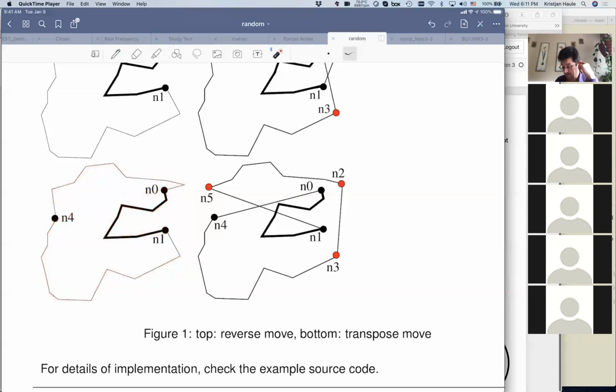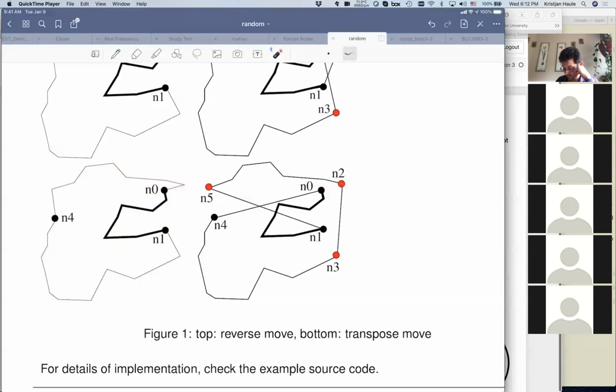Okay, so the point is we randomly select N0, N1, and N4, and then we reconnect them in this complicated way. So the path between N0 and N1 is untouched. The path between N4 and N3 is untouched. So N3 is the city after N1, and N2 is before N0.